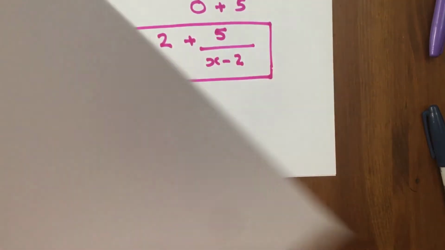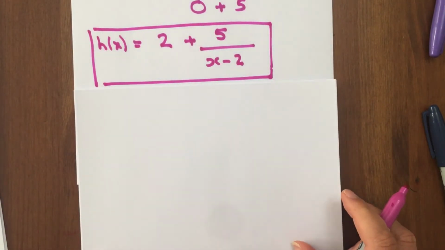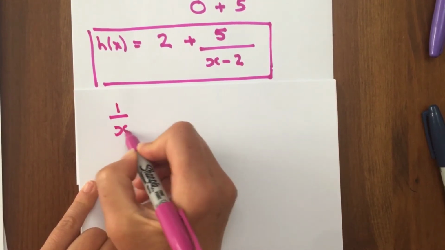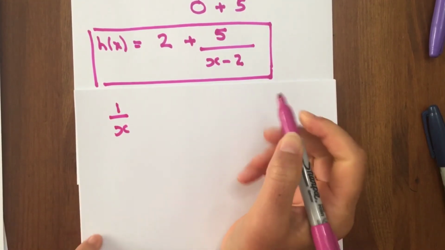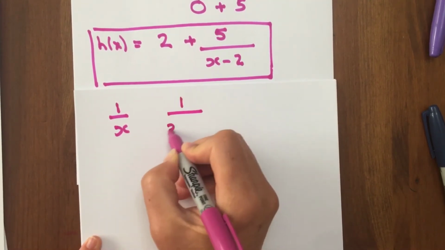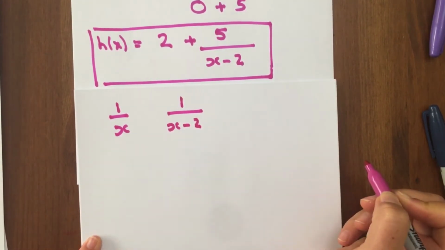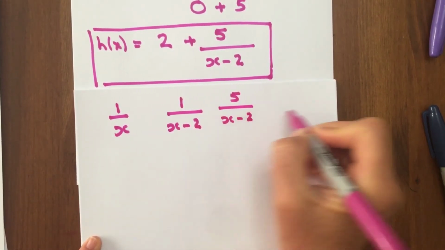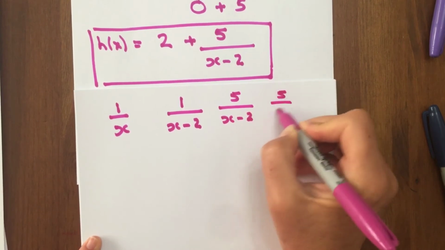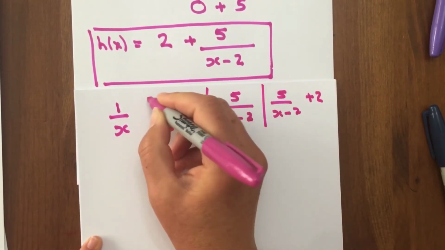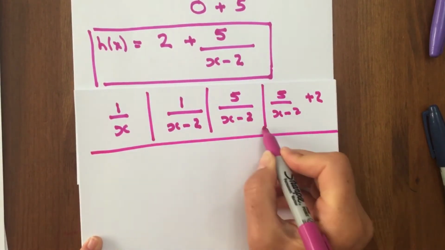So what I'm going to do is start and look at this function, 1 over x. Then I'm going to look at, these are the steps I'm going to do. Then I'm going to do 1 over x minus 2. Then I'm going to do this step here. And then I'm going to add 2 to it. So I'm going to look at these 4 stages.